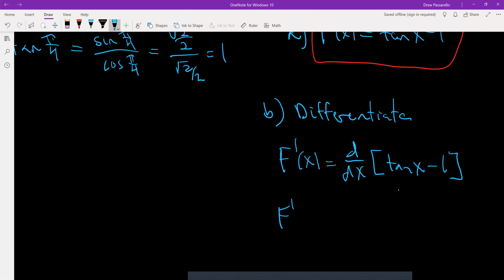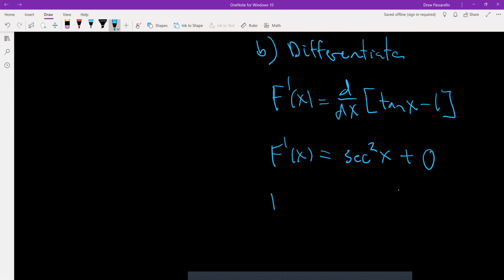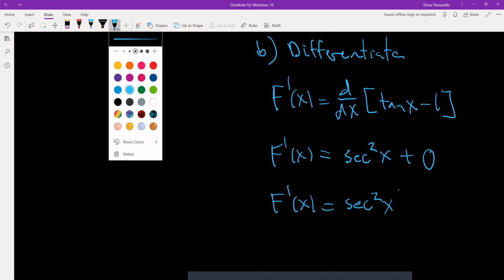Well, the derivative of tangent is secant squared. So that's secant squared x, and 1 is a constant, so the derivative of a constant is 0. So we get secant squared.